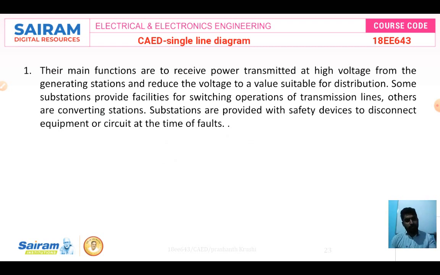Also, if a tree falls onto the transmission lines, automatically the substation will detect it and the power supply will be cut off. That's why we want a substation: to clear the fault, to clear the abnormal condition, and to avoid short circuits and so on.